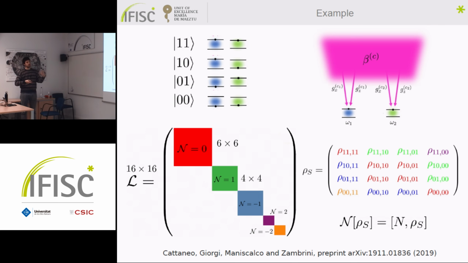So I know that the equilibrium state will only have the red elements here, in the sense that the equilibrium state cannot have, in the density matrix, elements which are not of the block n equal to 0. So the green one, the purple, the blue, the orange must disappear. Yes? So only if you have one steady state, or... Exactly. If you have a unique steady state, this happens. And now I explain to you why.